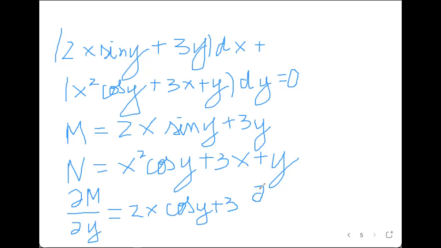And partial N over partial x? 2x cosine y plus 3. That's right.